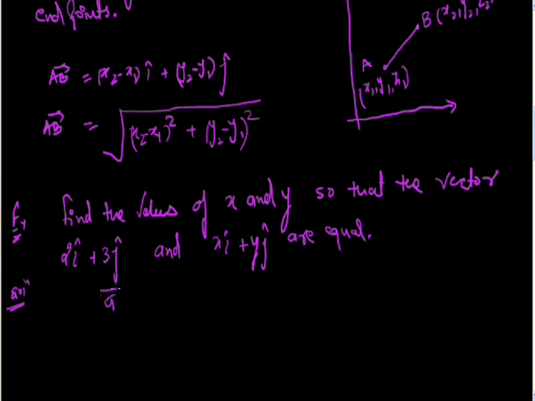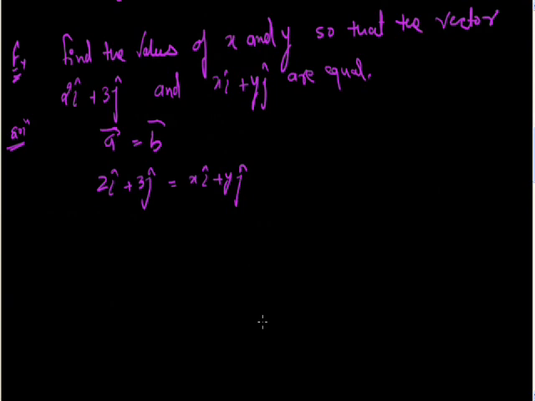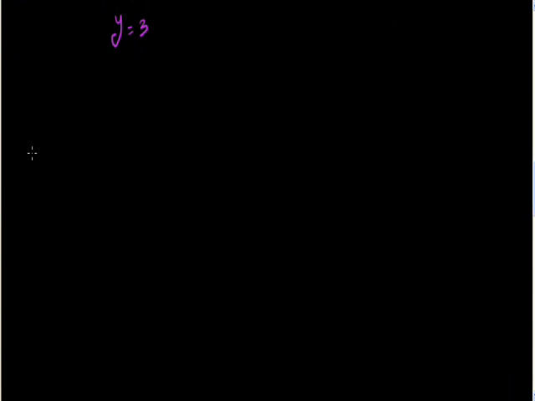Solution: the A vector is equal to the B vector. So equating these two vectors, 2i cap plus 3j cap equals x i cap plus y j cap. If these two vectors are equal, then the coefficients of i cap and j cap are also equal. So x equals 2 and y equals 3.